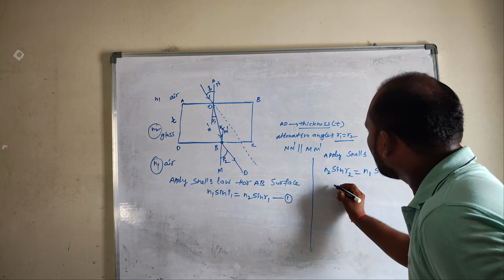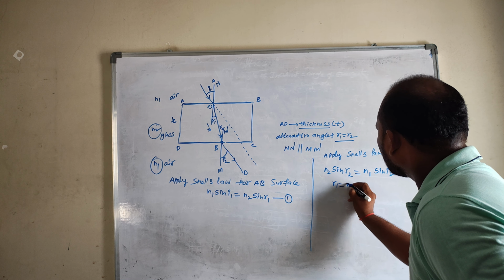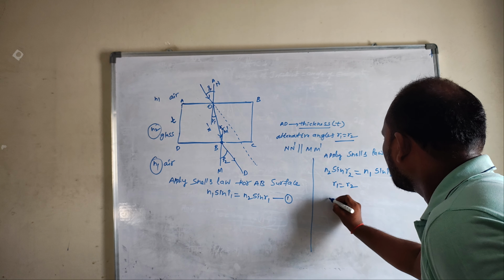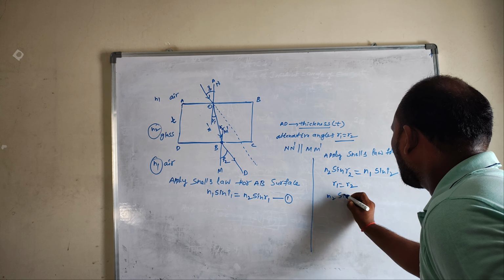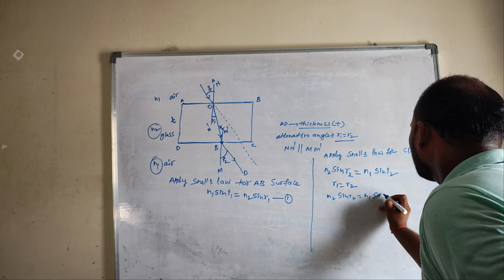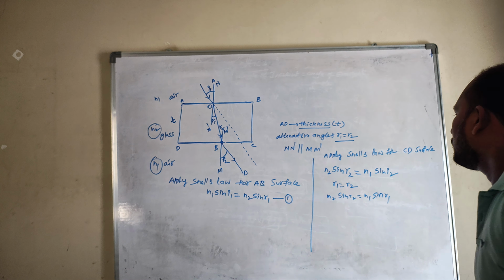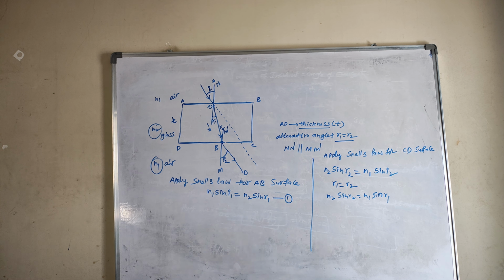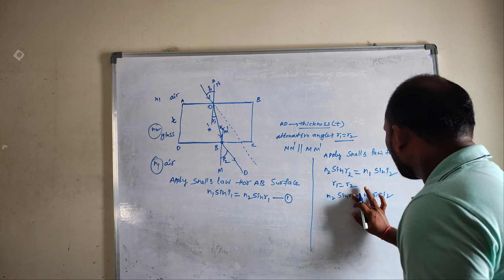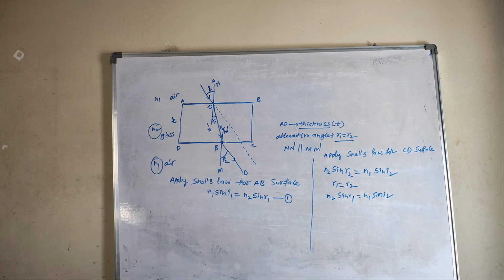Now what will happen, guys? R1 is equal to R2. Now in the place of R2, what can I write? N2 sin R2 is equal to N1 sin I2, so N2 sin R1 is equal to N1 sin I2, because R1 is equal to R2.